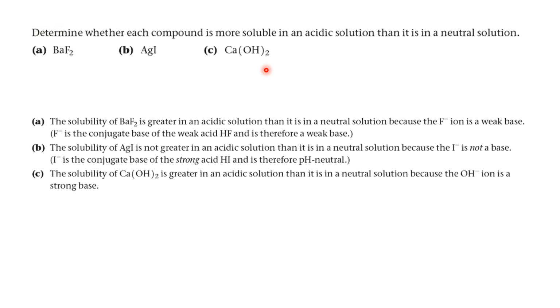And if you're depleting the hydroxide, the solid calcium hydroxide is just going to want to naturally dissolve more to replenish the hydroxide that got eaten up by the acidic solution. So the solubility of this solid is going to increase. It's going to want to break up even more.